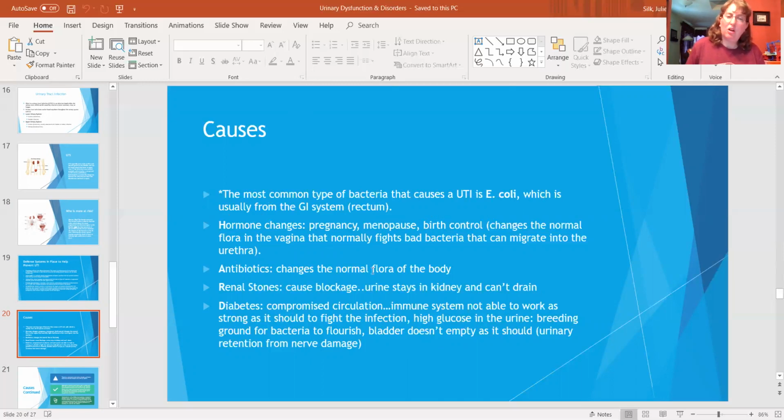Kidney stones can cause a blockage, and then the urine just sits there and it can't drain. So you're going to get bacteria that forms there because of that. And then diabetes, compromised circulation. You have that when you have diabetes. So it means that it's a breeding ground for bacteria to flourish because you just can't fight off infection like you normally would.